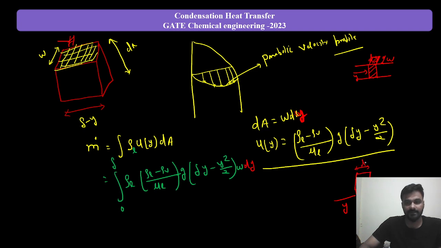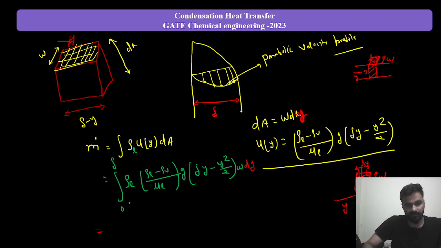So this is dy and this is w, and the flow will be like that, right? That's why I'm taking w dy as the cross-sectional area. And y will vary from 0 to delta, because this distance is delta. So we have to calculate the mass flow rate throughout the whole delta, right?